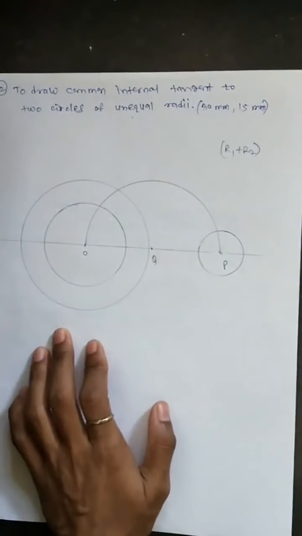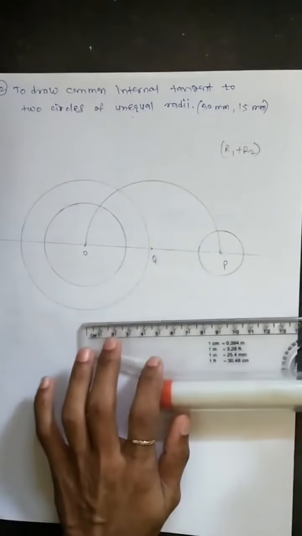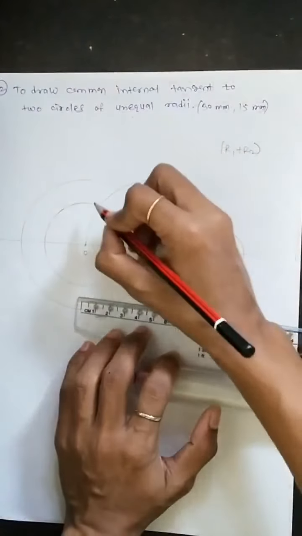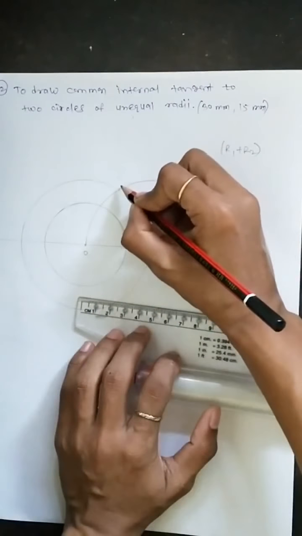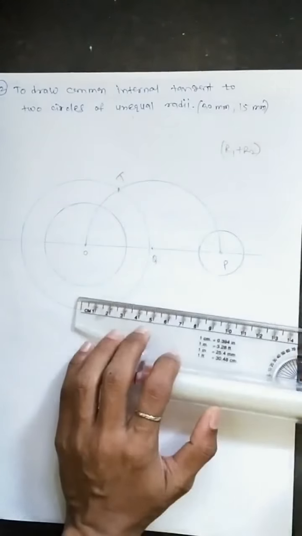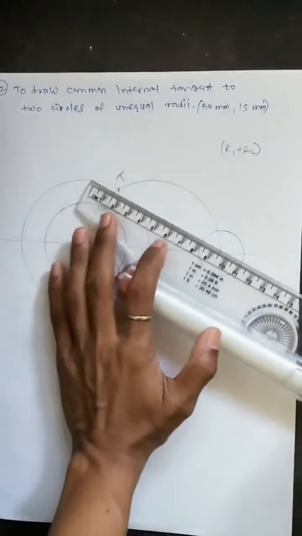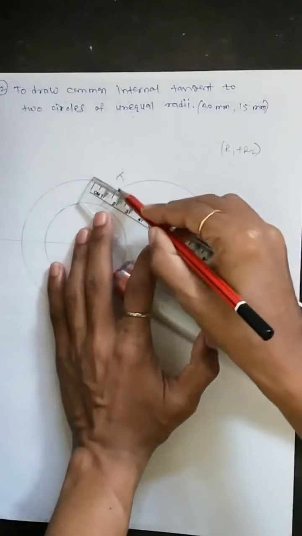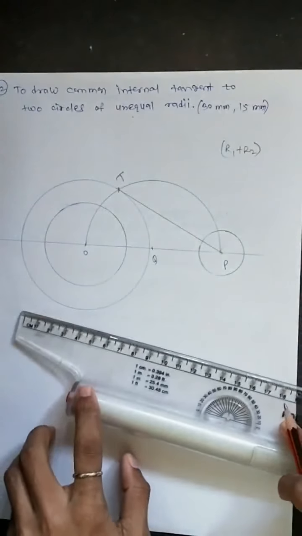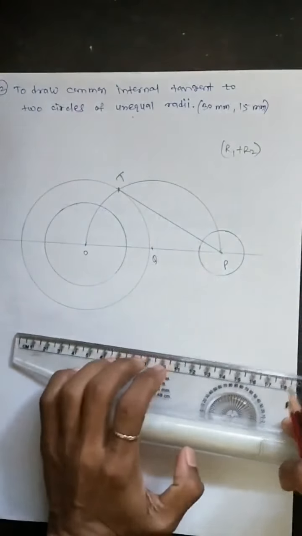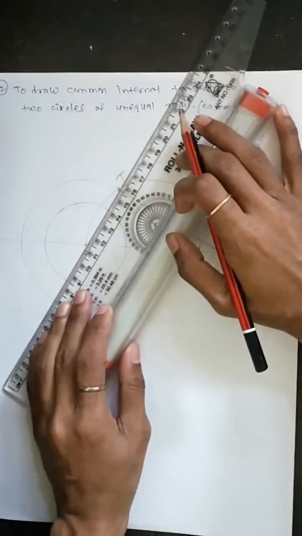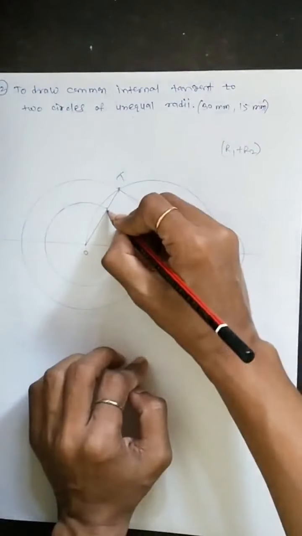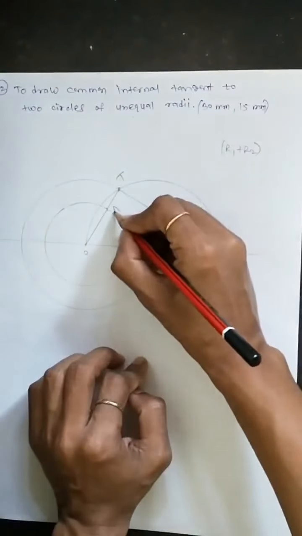Now next task is, this semicircle touches this external circle at point T, and then join PT. Join points P and T. Next join O and T. So the OT line touches this internal circle at point A.